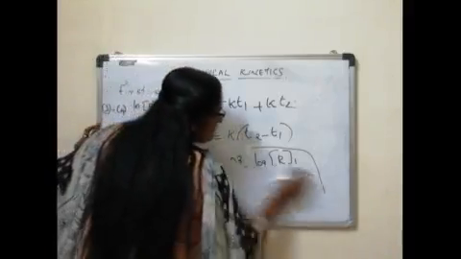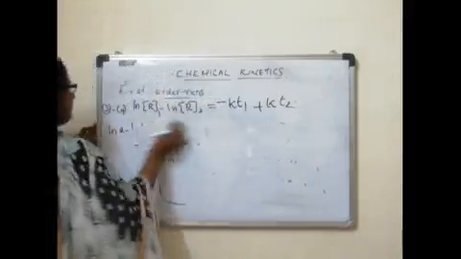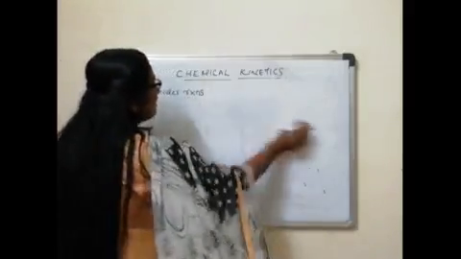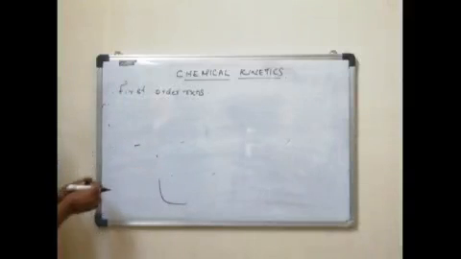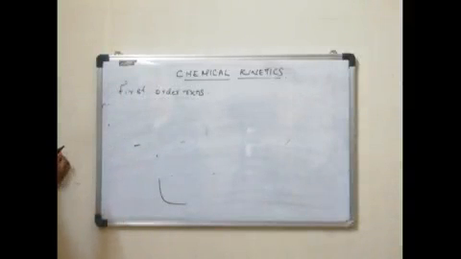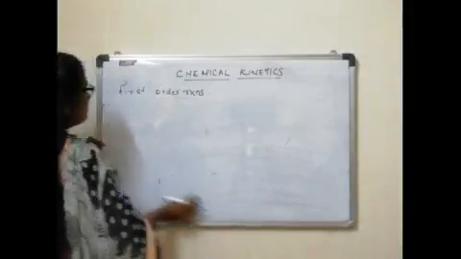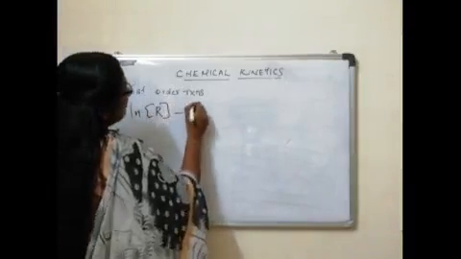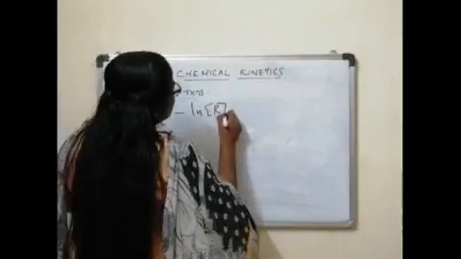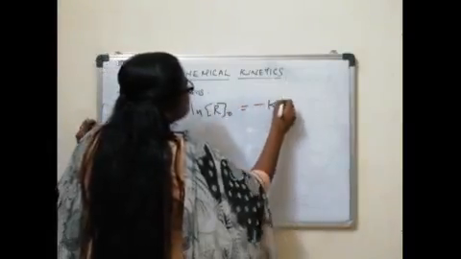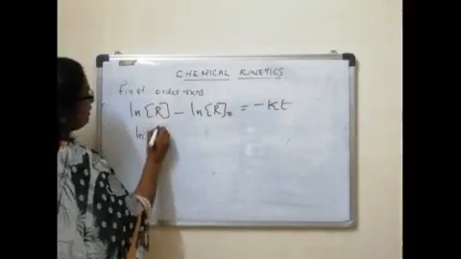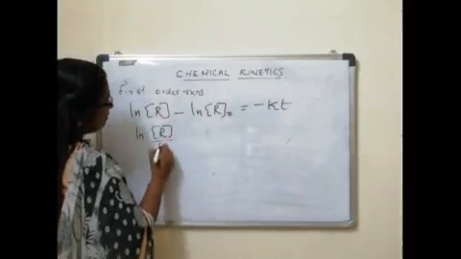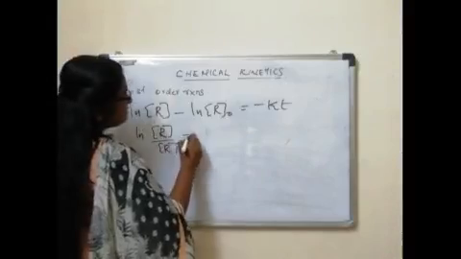First of all, we began with this equation, that is ln R minus ln R0 is equal to minus KT, or we can write ln R by R0 is equal to minus KT.